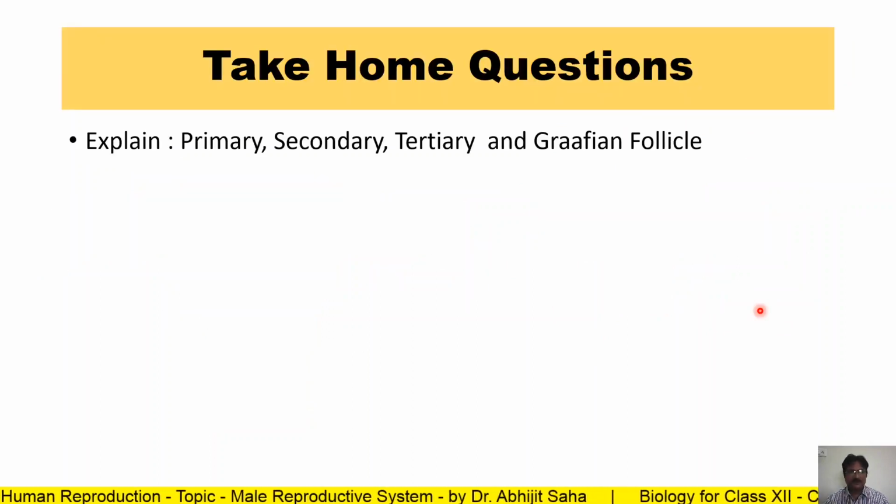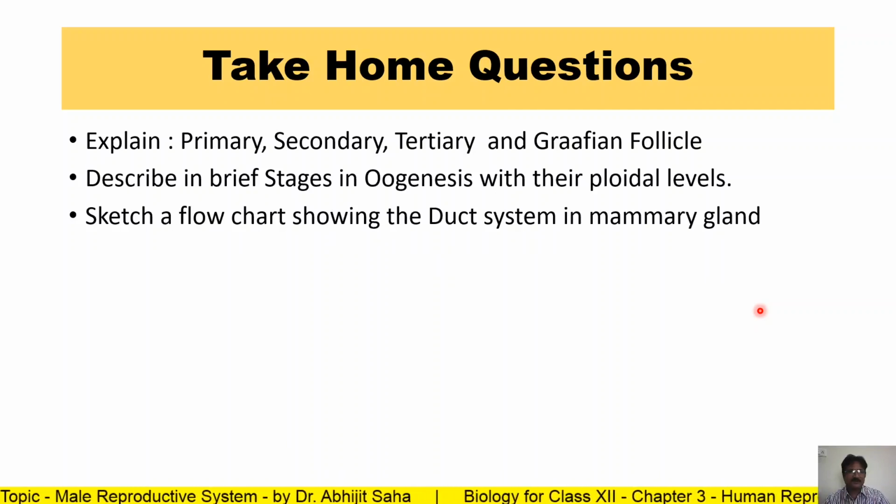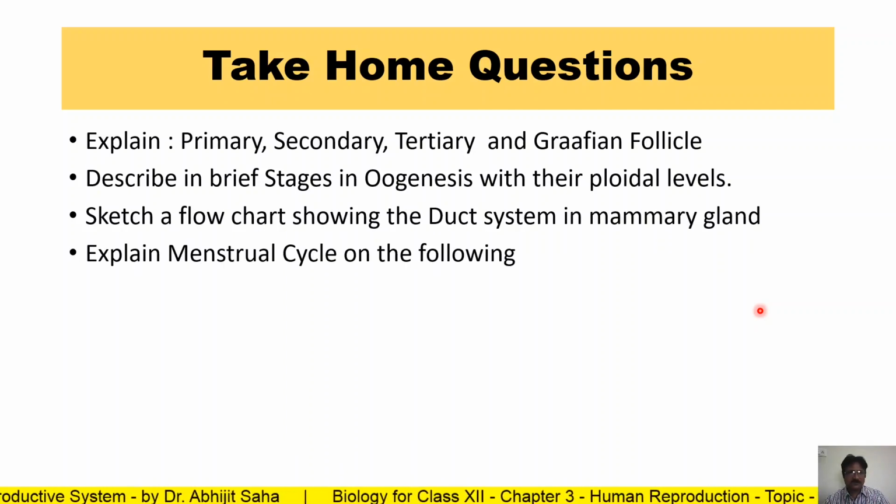Finally, before I leave, I am giving you some questions. Explain these terms. Describe in brief the stages of oogenesis, with the ploidy levels. Show a chart of the duct system in the mammary gland. I have already shown you one.